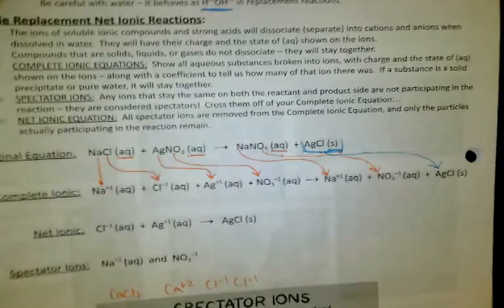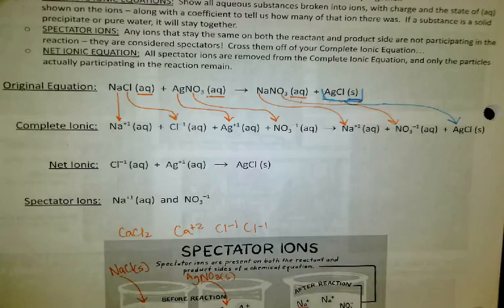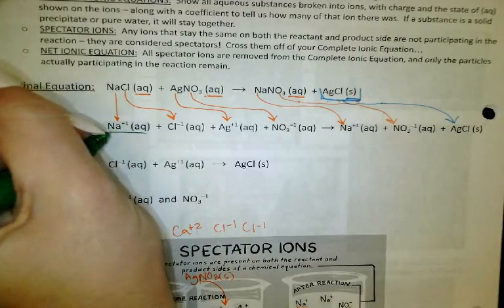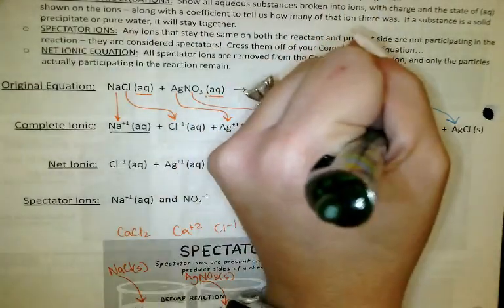So to figure out what the spectator ions are in a complete ionic equation, you have to look at both sides of the arrow. And the ion, not just the element, the ion has to be on both sides of the arrow. So in this case, I have sodium +1 on the reactant side, and I have sodium +1 on the product side.